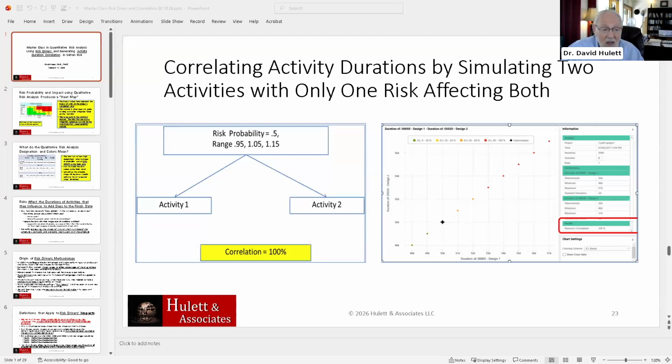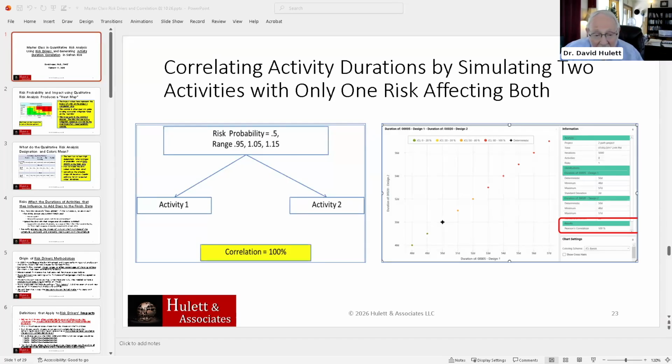And here's what I showed. I had one risk here affecting activity 1, activity 2, and I did, I don't remember, 5,000 iterations, I guess. And all of a sudden, if that's all that's happening, activity 1, activity 2, their durations will be correlated. If one is high in its range, then the other will be high in its range. If one is low in its range, the other will be low in its range. Pretty much automatically. This is the only influence that's going to happen on those two things.